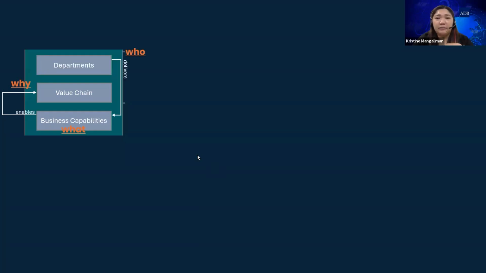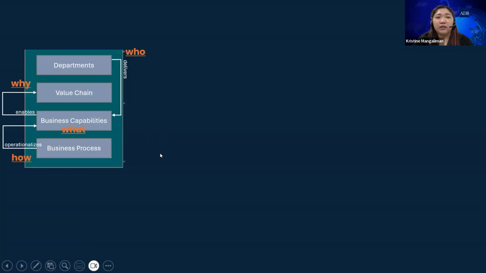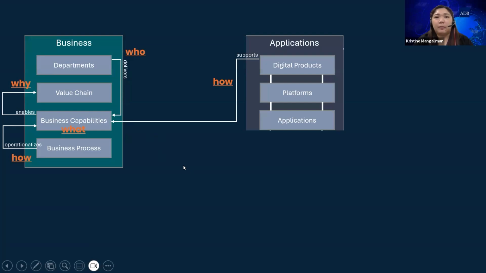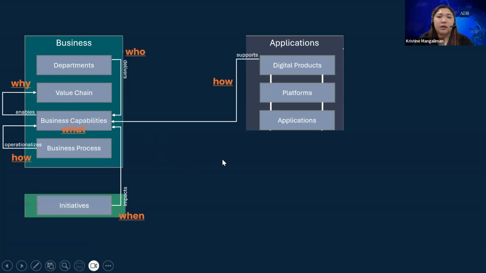And then we also connect them to the departments. So these are the who represented in this model. And then we also connect them to the business processes that operationalize those business capabilities. And also the how, those business capabilities are supported by the different digital products and its underlying platform and application.